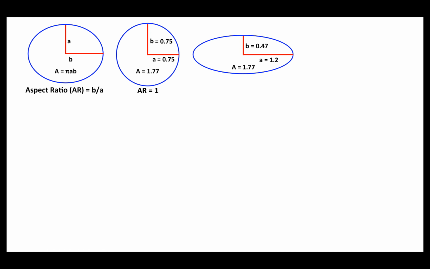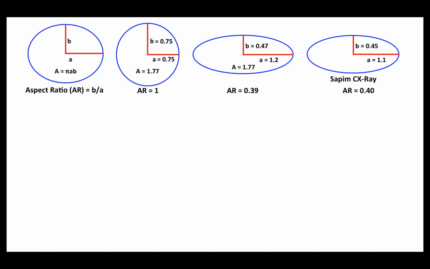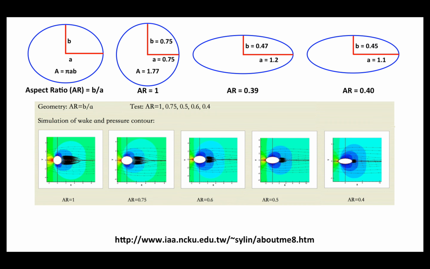This ellipse has dimensions A and B as shown, the same cross-sectional area as the circle to the left, and it has an aspect ratio of 0.39. And this last one is a Sapim CX-Ray spoke. It may not be a perfect ellipse, but it's pretty close to it, and it has an aspect ratio of 0.4.